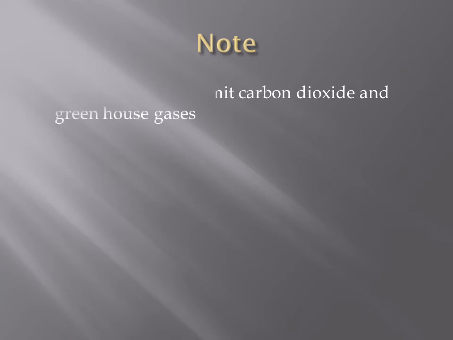So let's talk in detail about fossil fuels. But before moving to that, one thing you have to keep in mind is that the use of fossil fuel emits carbon dioxide and greenhouse gases. About carbon dioxide, you are well aware. What are the greenhouse gases?